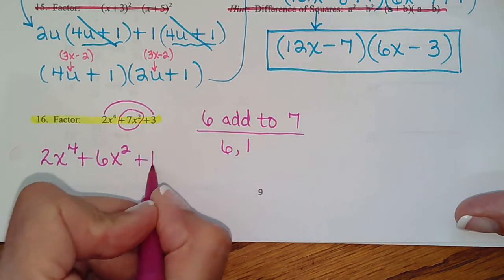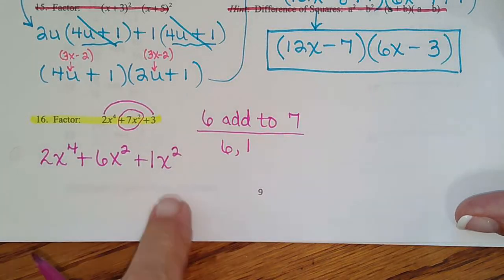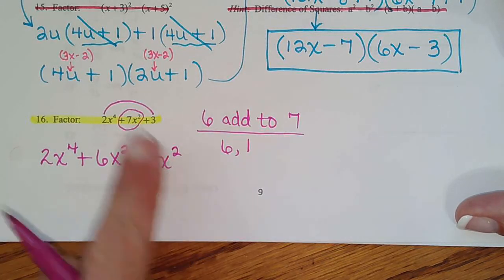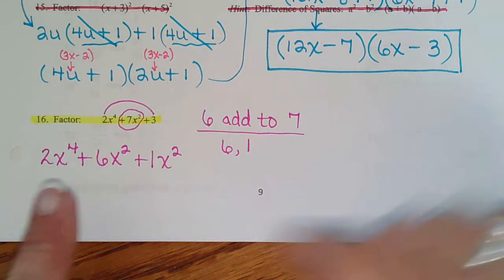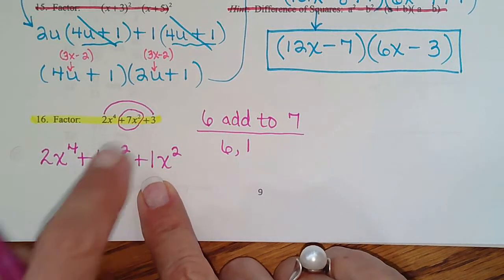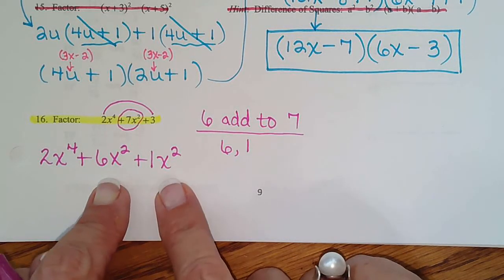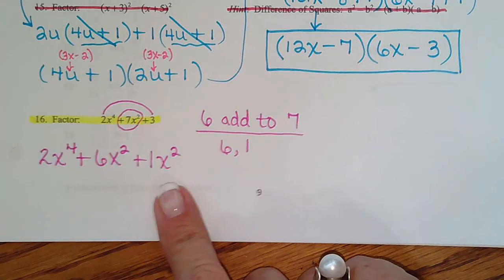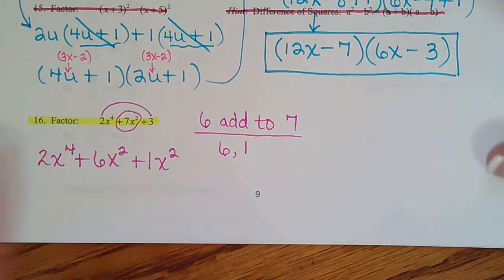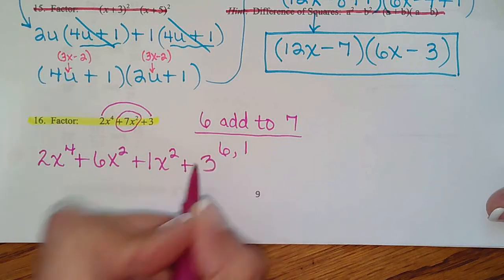And that's what a lot of students do wrong on the test, is they do AC and then they just write x there. Well, you have to use the variable that's there, because when you add these, you have to get that. And 6x plus 1x is not 7x squared. So it has to be 6x squared plus 1x squared, and then our plus 3.